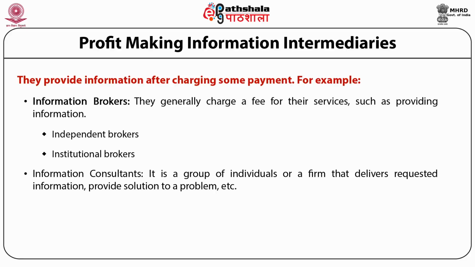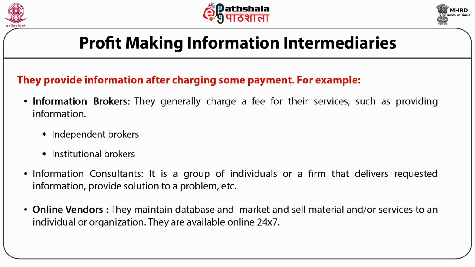So they are consulted by various users of information to get a solution to their social or economic, technological or industrial, etc. problem. Third type of profit-making intermediaries is online vendors.